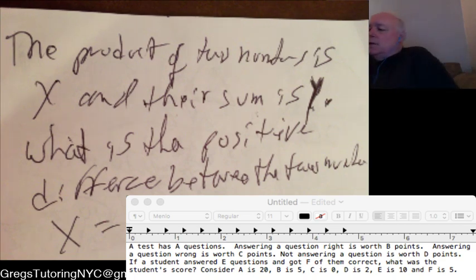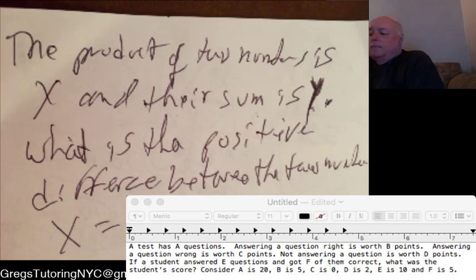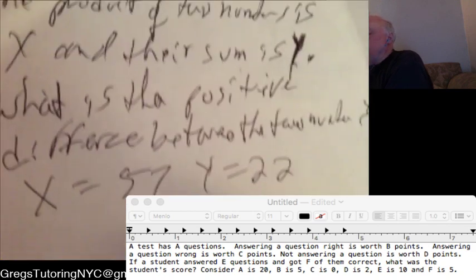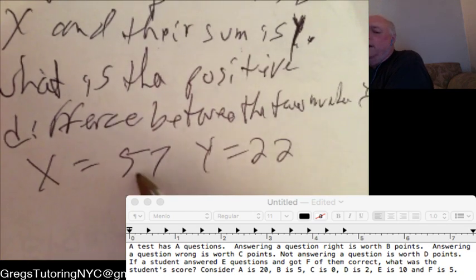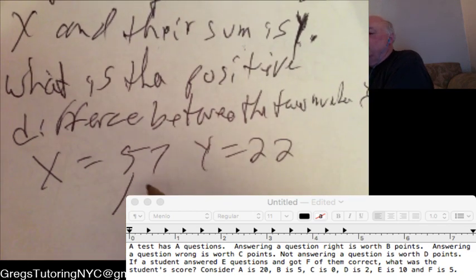The product of two numbers is x, and their sum is y. What is the positive difference between them? So if the product's 57, what we really need to do is look at the factors.